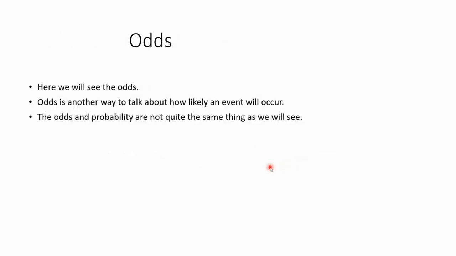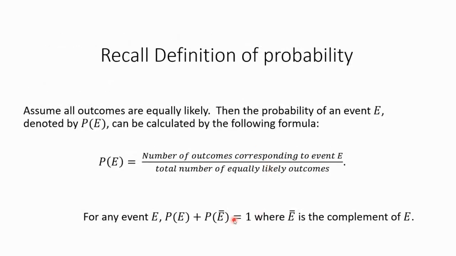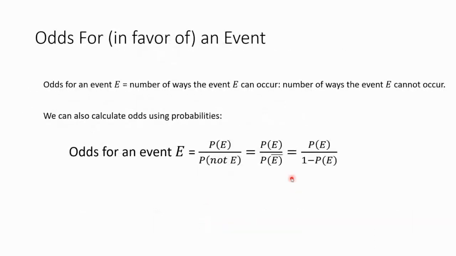What's nice is from this equation, we can get the probability of E bar pretty easily. Namely, we have this: the probability of E divided by 1 minus the probability of E. So this is really good. Basically, we can calculate it easily if we know the probability of event E.